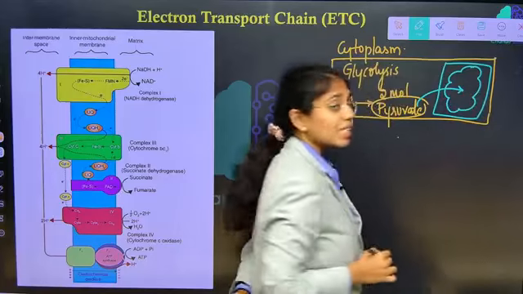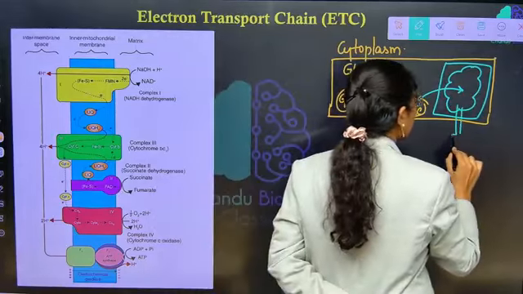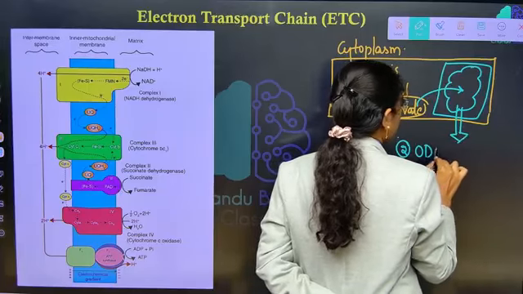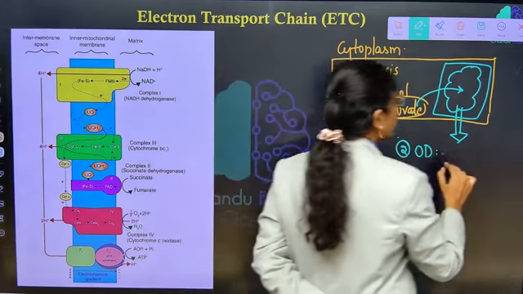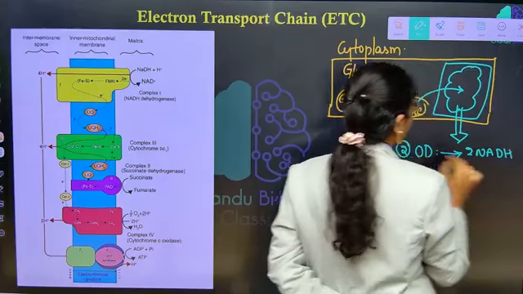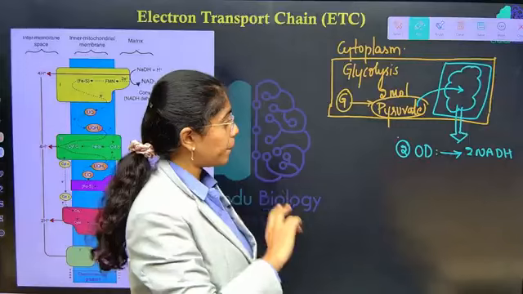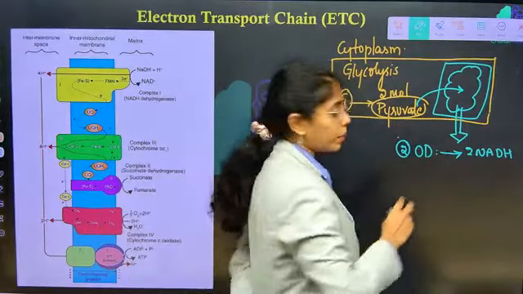Inside the mitochondrial matrix, pyruvate first undergoes oxidative decarboxylation, giving out 2 NADH for 1 glucose, and acetyl CoA is formed.